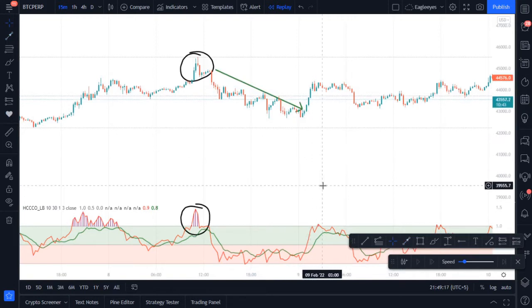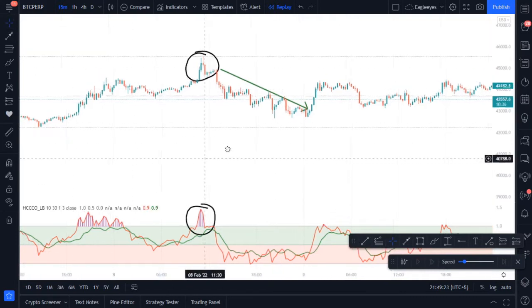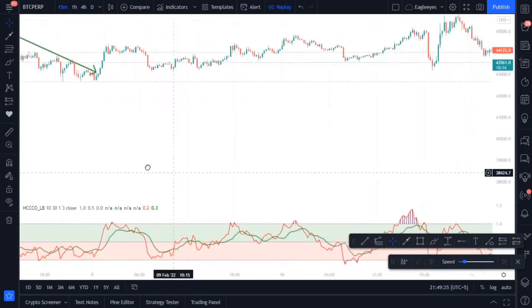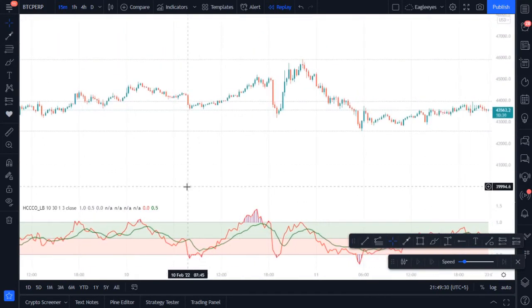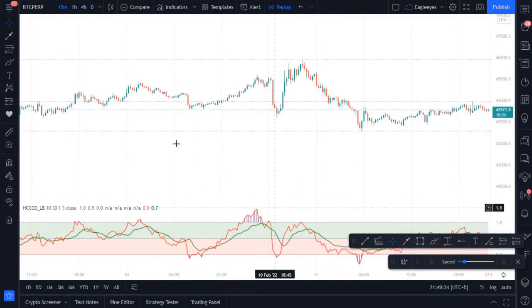You can see this is a setup that looks very good, but you will not enter only when this red line goes below the one level.